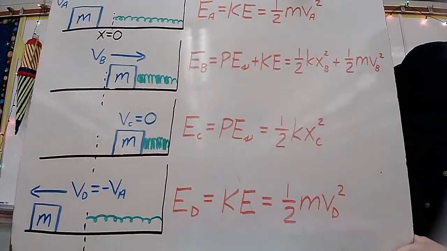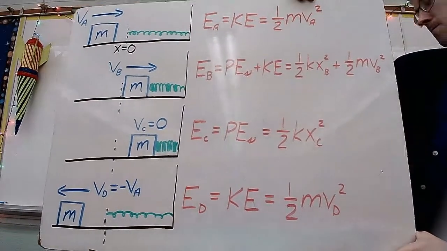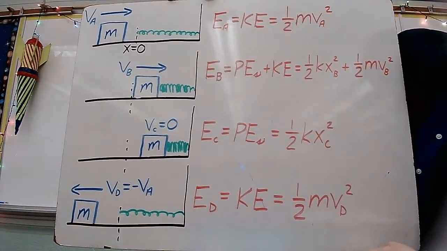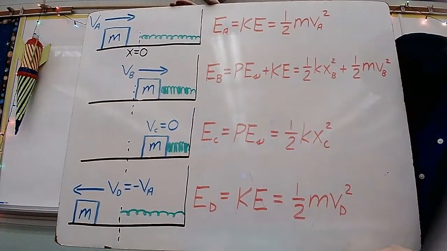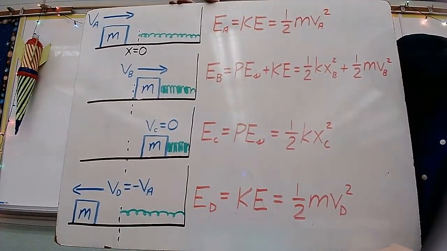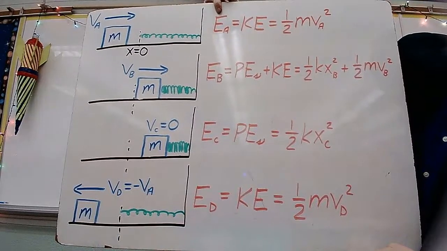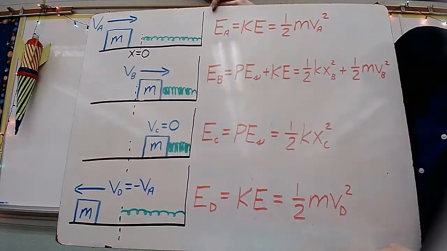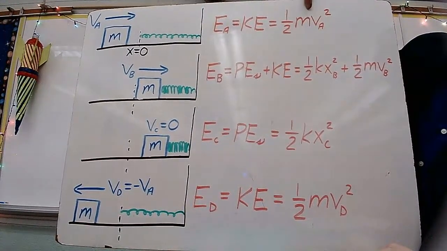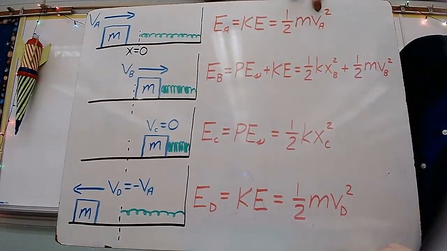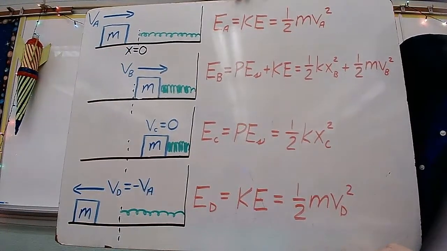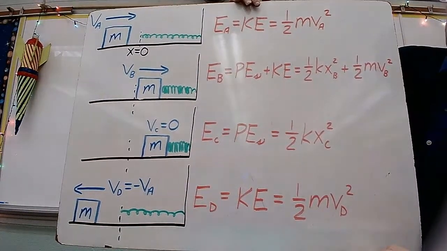So in terms of the energies here, on the top, as this mass is coming in, it only has one kind of energy, kinetic energy. So the energy at A, again, A, B, C, D, the energy for scenario A here is all kinetic. 1/2 mv squared, and that v is the velocity in this position at A. The second scenario is the most complicated of the four.